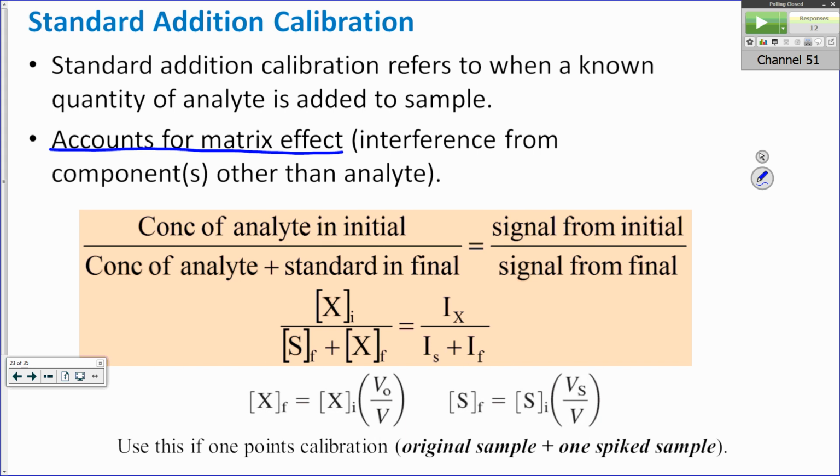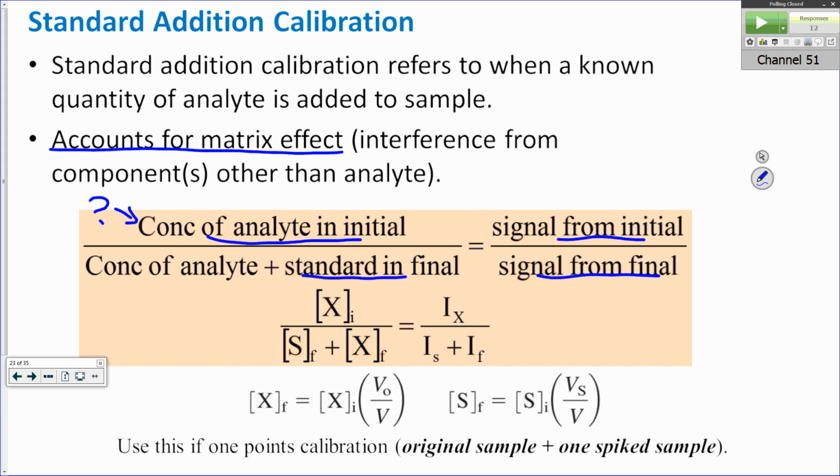Okay, so what we do is we take the signal that comes from the original analyte sample and its concentration. So this is our unknown that we have. And then we take a sample and we spike it and we add some standard to it and we reanalyze it. And we can use that to solve for what is this original concentration.